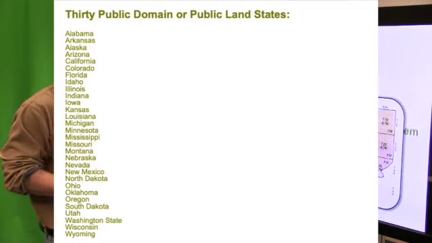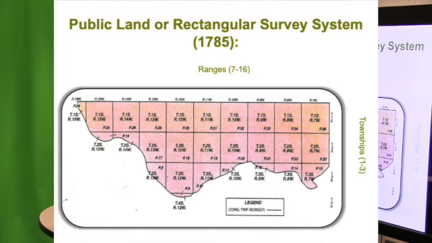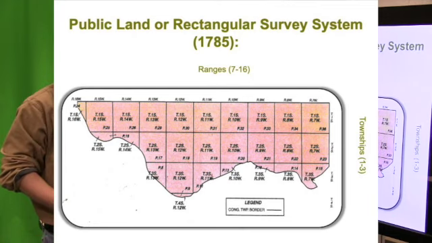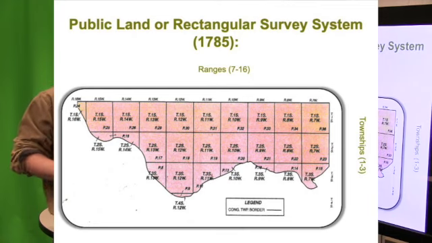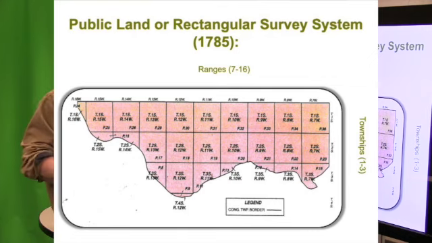And as hopefully this slide from Lauderdale County will emphasize, the ranges go across, the townships go down. Huntsville is what's called the prime meridian. It's the land center for North Alabama. Everything east of Huntsville is east. Everything west of Huntsville is west.